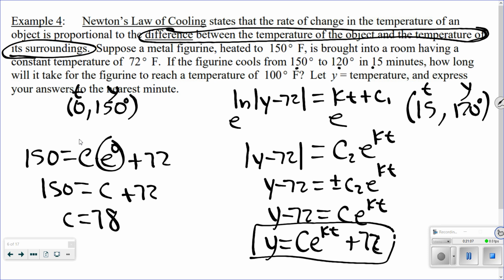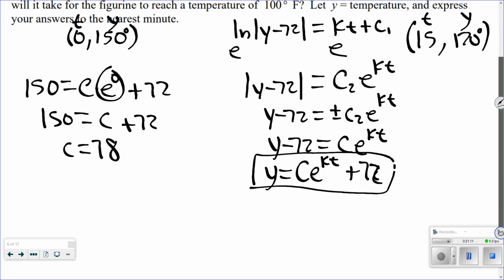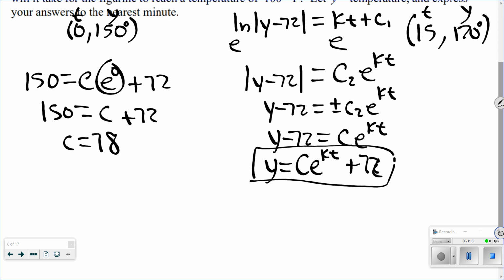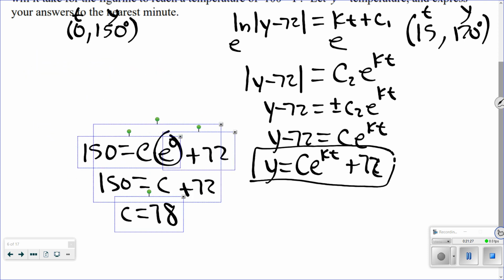So let's come down here. Let's write our new model then. And I apologize for that mistake there. If this plus 72 wasn't there, then C would always be the initial value. But because of the plus 72, that changes it. So my actual model is this. Let me slide this work down here.